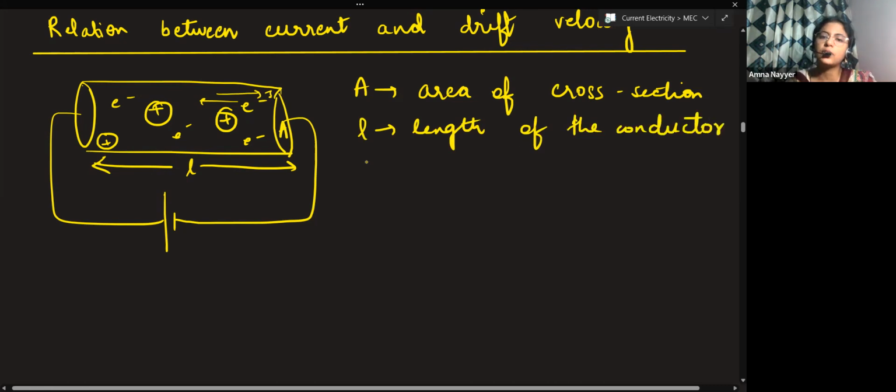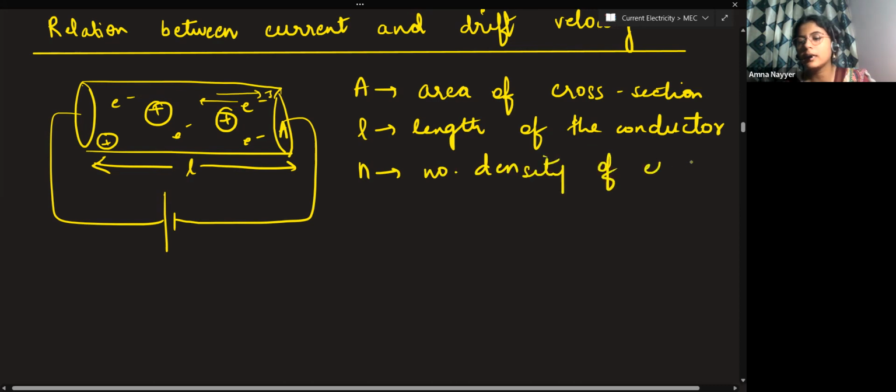Small n is the number density of electrons, meaning the number of electrons per unit volume. And Vd is your drift velocity.